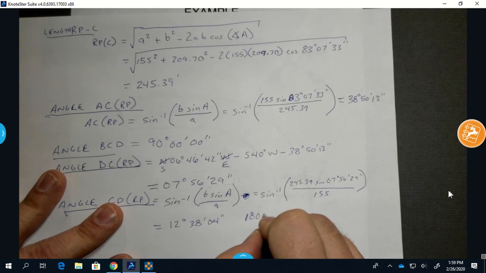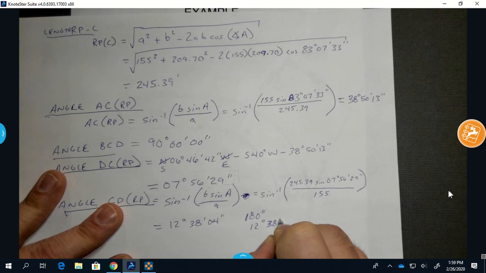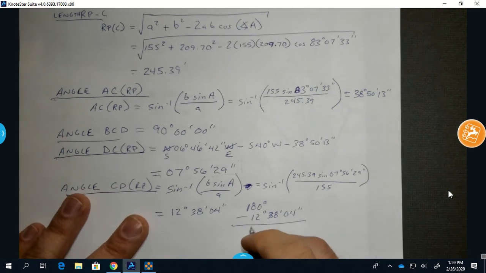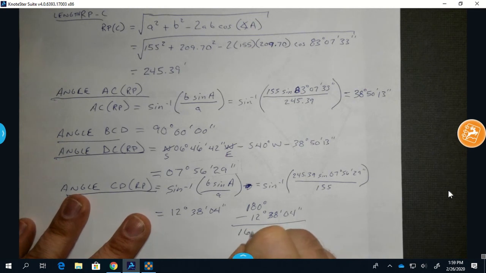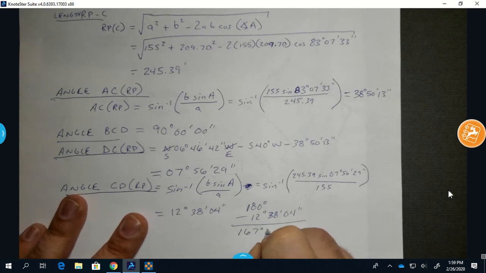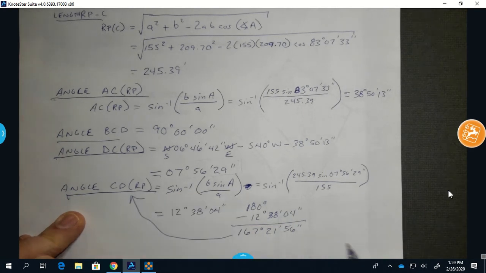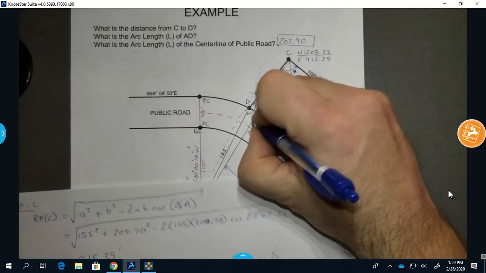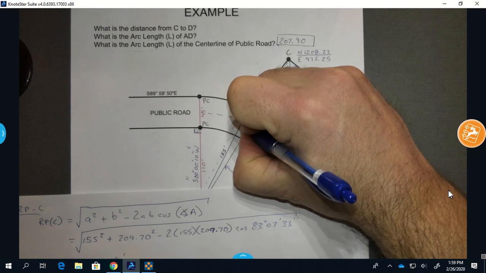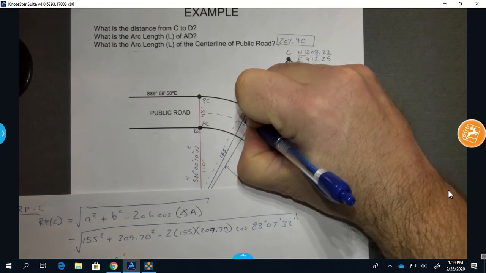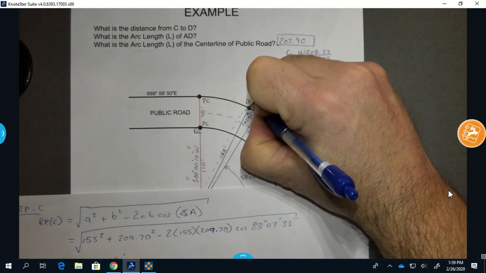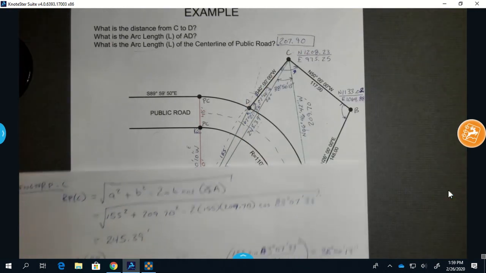So 180 degrees, and we'll take 12 degrees, 38 minutes, 0.4 seconds. Subtract the two. And we're going to get an answer that is 167, 21, 56. Okay, so that is angle CDRP. So this angle right here is 167, 21, 56.